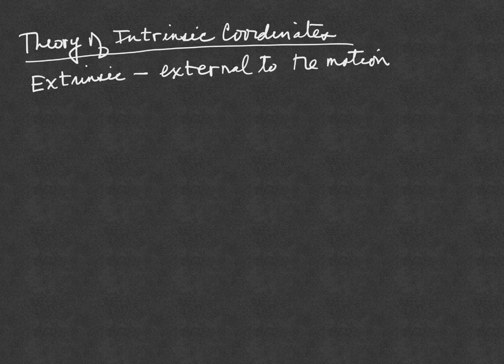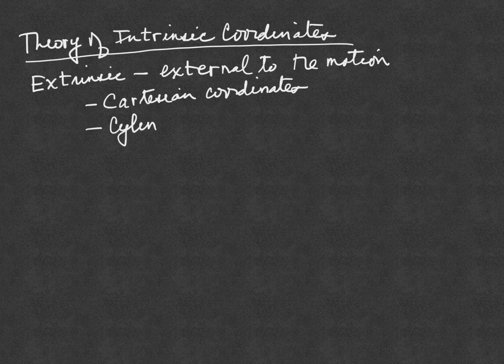They're not internal to the actual behavior of the object. The typical extrinsic coordinate systems are ones that we've already studied, which include Cartesian coordinates, cylindrical coordinates, and spherical coordinates.